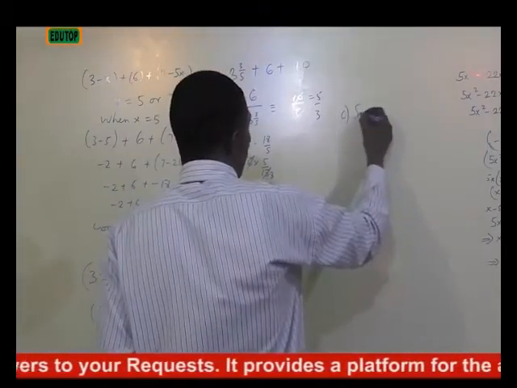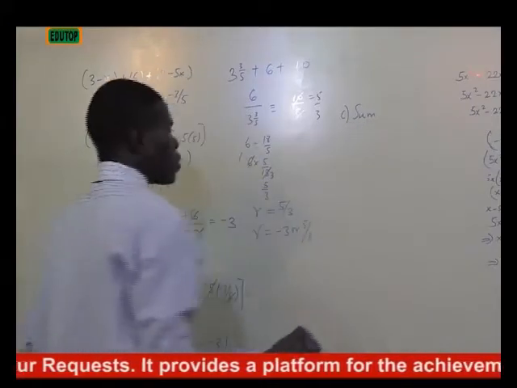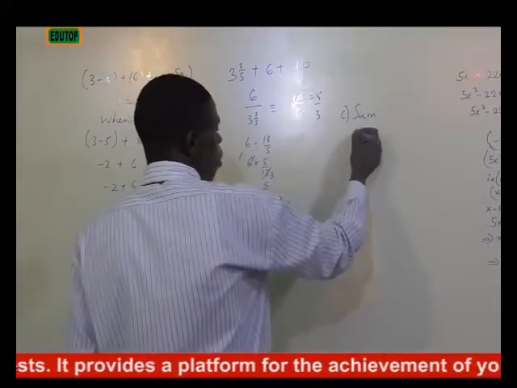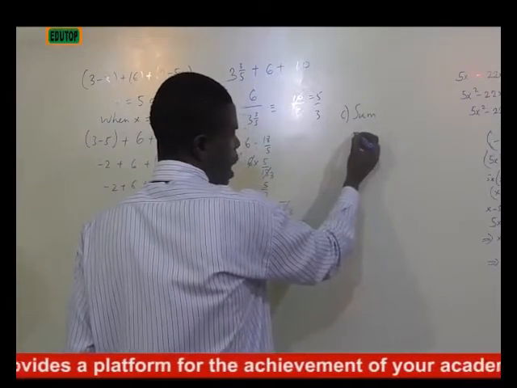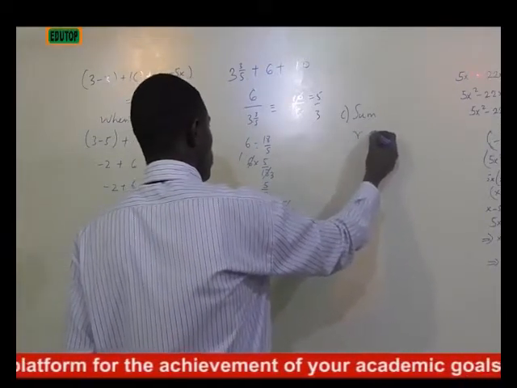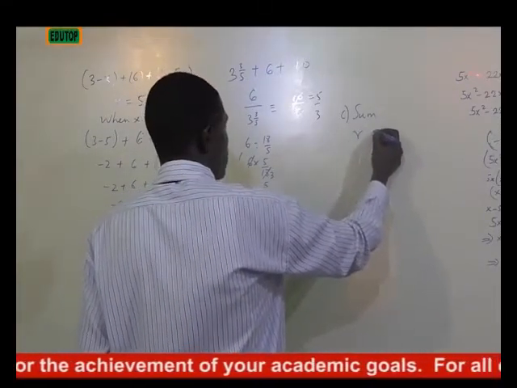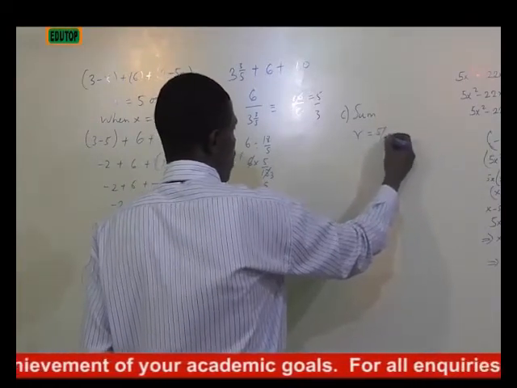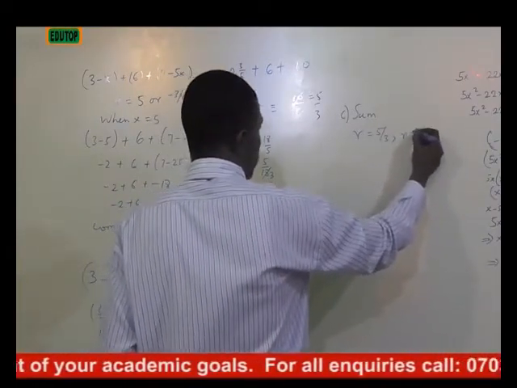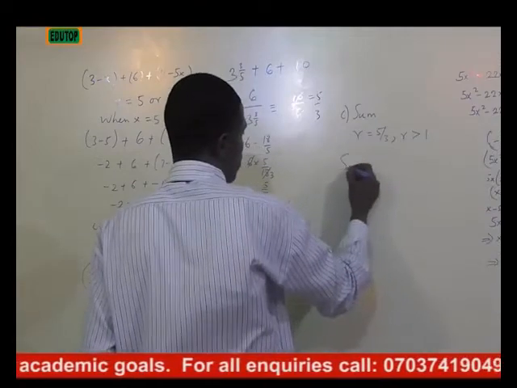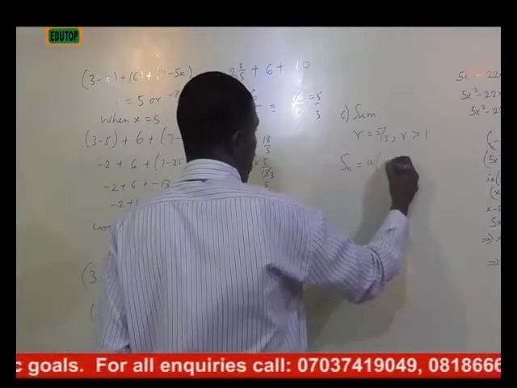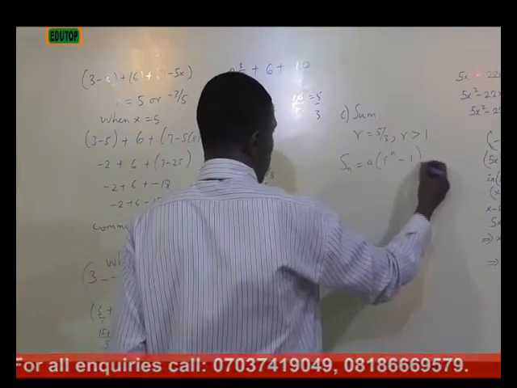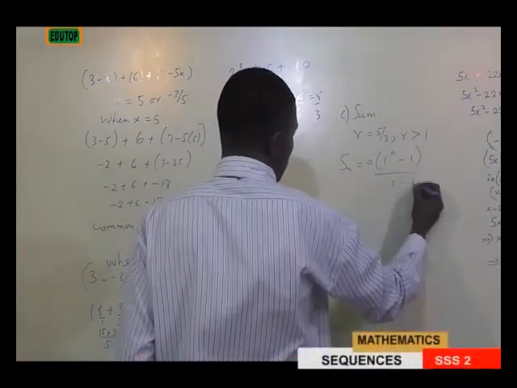For the first case, where our common ratio is equal to 5/3, our R is greater than 1. So we use A times R raised to power n minus 1 over R minus 1.